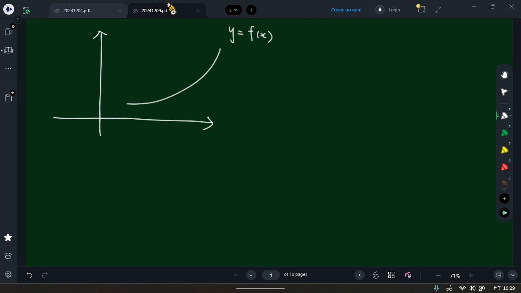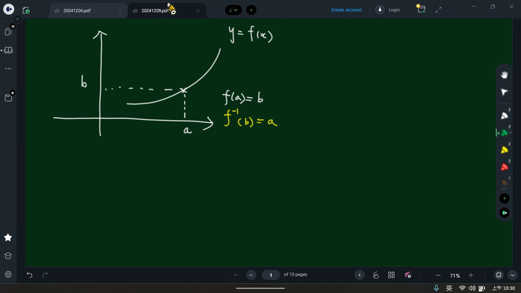For example, if this is a and it will be mapped to b, that means f of a will be b. Then f inverse of b should be a, right? By following the definition of the inverse.